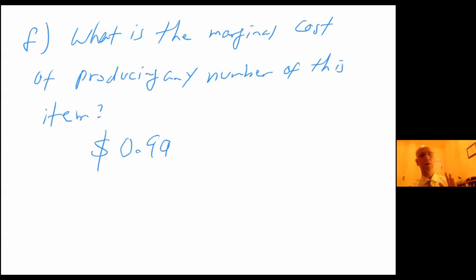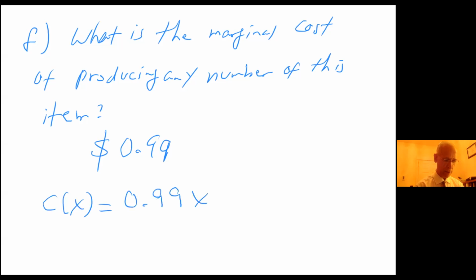And once again, we are not surprised. We were told that this is a linear function. The cost is linear, and we found that C of x equals 0.99x plus 54.6.